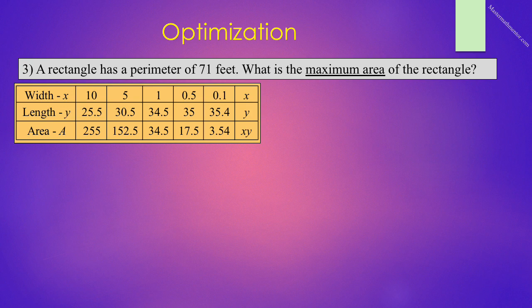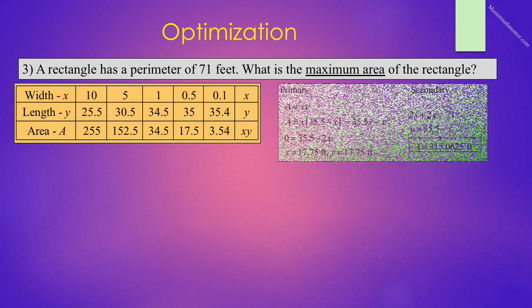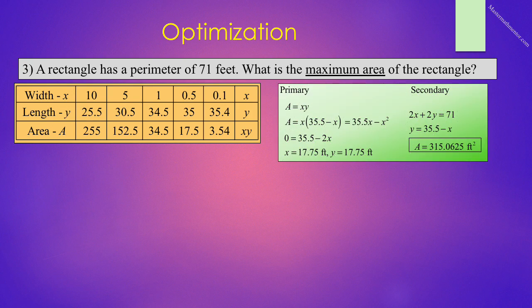So again, some combinations are shown. The width is 10, the length is 25.5. The width is 1, the length is 34.5, etc. Again, you are doing this just to get a feel for the problem. Our primary equation is based upon the underlined words maximum area. So A equals xy.